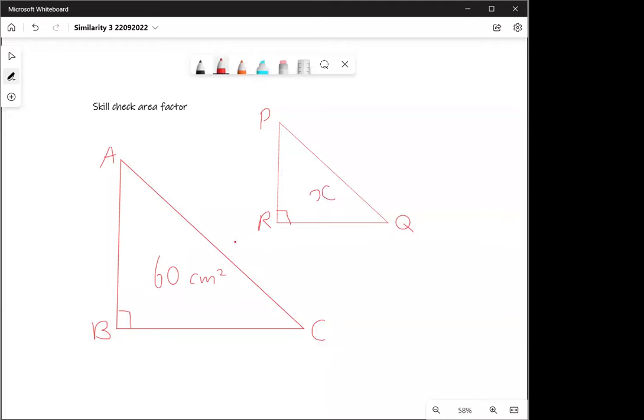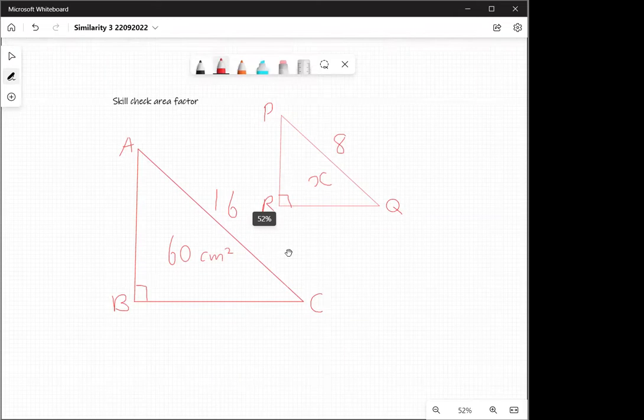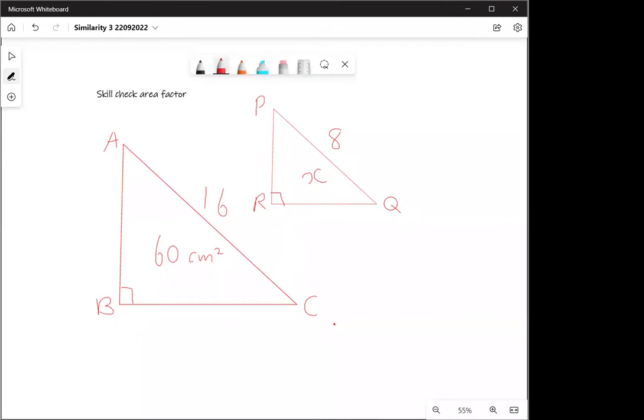I have to find X, and I know that this is 5 and this is, let's say, 16 and this is 8. Solve the question. Find X.